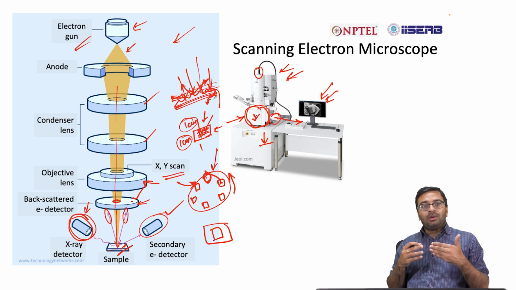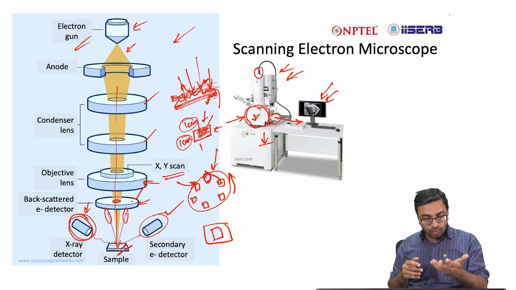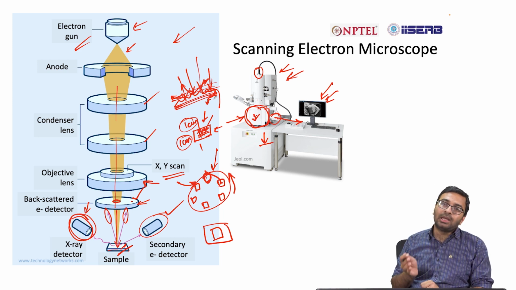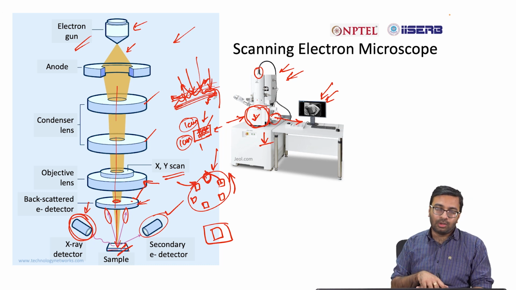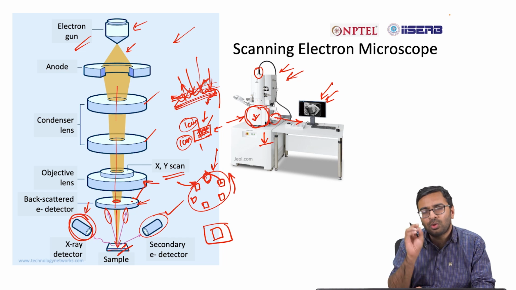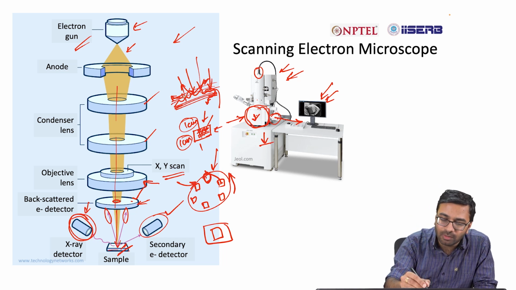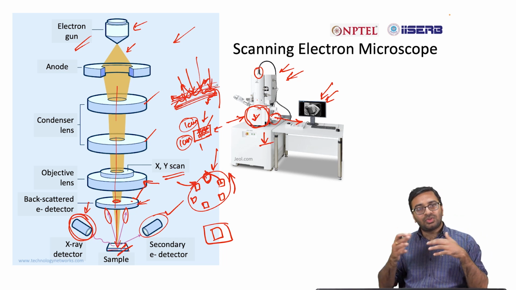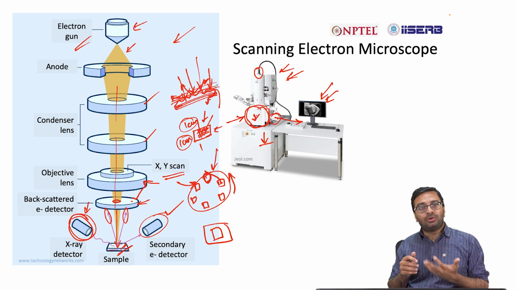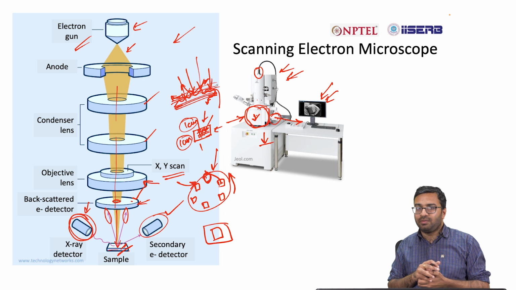If your sample is not conductive, then if you go for a scanning electron microscopy, the operator will ask whether you need a gold coating or not. So usually what they do is they first coat a very thin layer of gold on top of this sample so that the charge accumulation problem is not there. Charge accumulation will lead to a blurry image which is of no use.